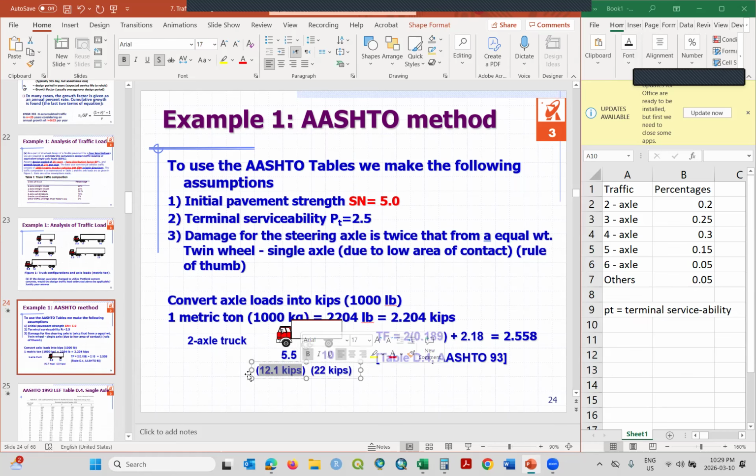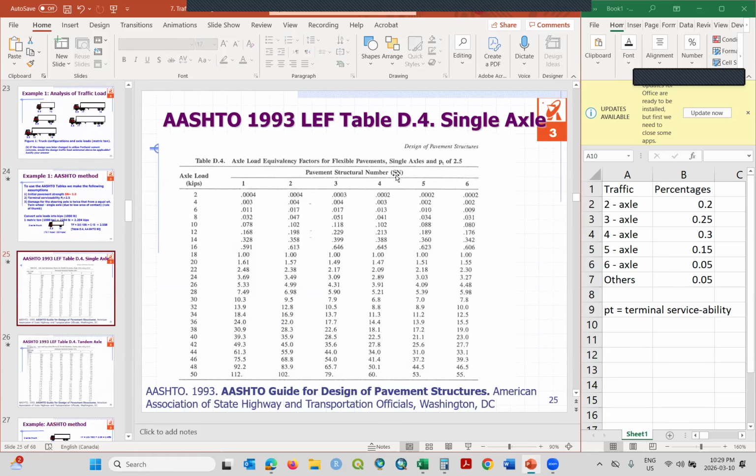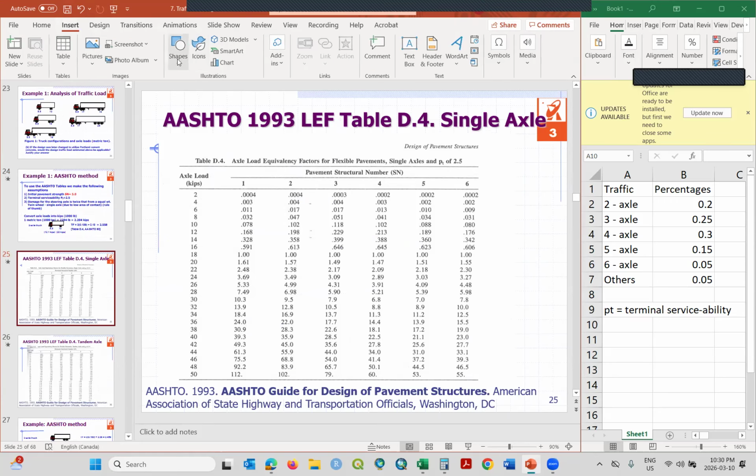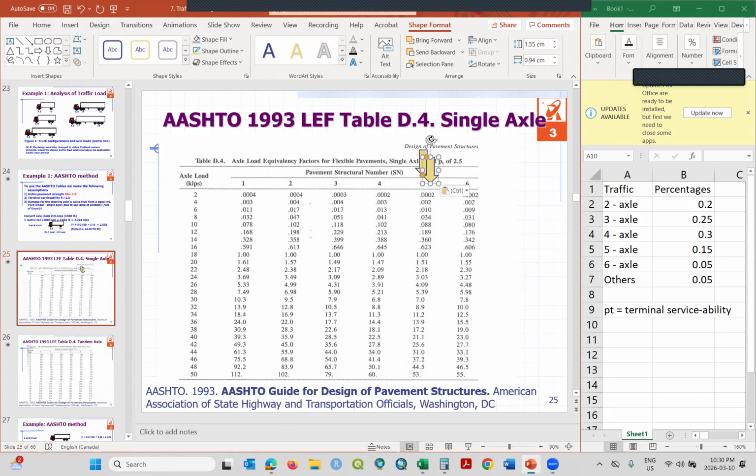So let's see, 12,000 kilopounds. We are working here. So we are assuming we have this, and we're looking at 12,000 pounds, kilopounds. So it's here. And if that is the case, that is producing 0.189.